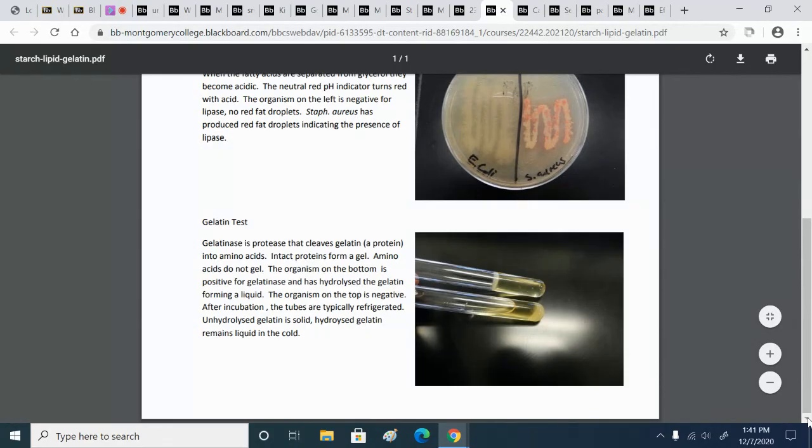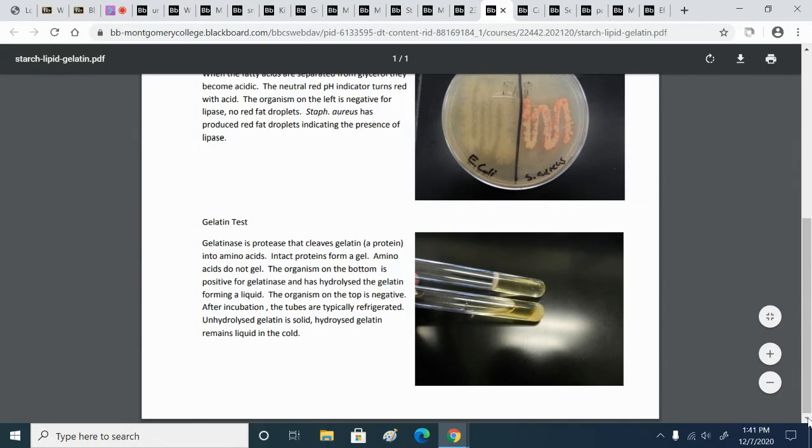Nobody remembers what's special about these enzymes? Think about starch, triglycerides, and gelatin. They're all huge molecules, right? They cannot pass through the cell membrane.